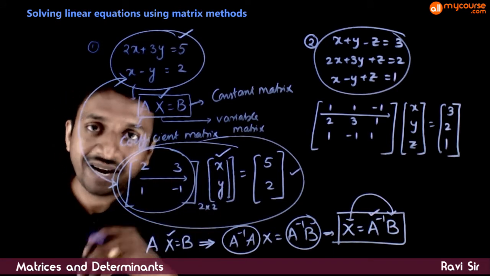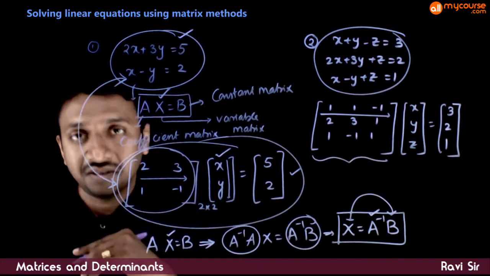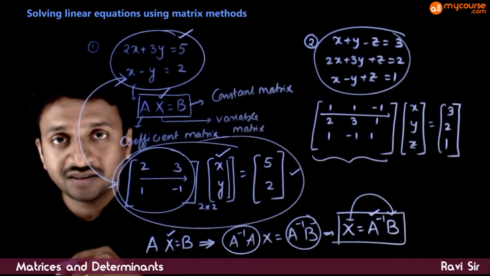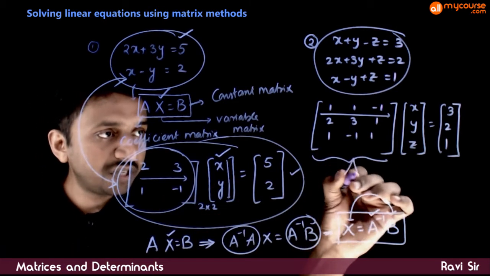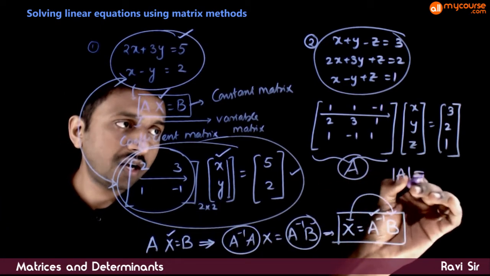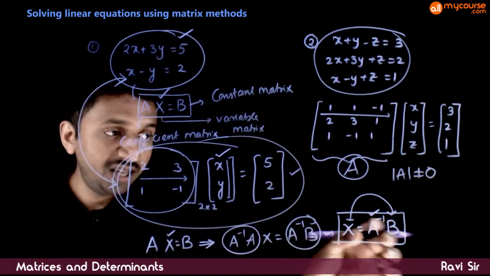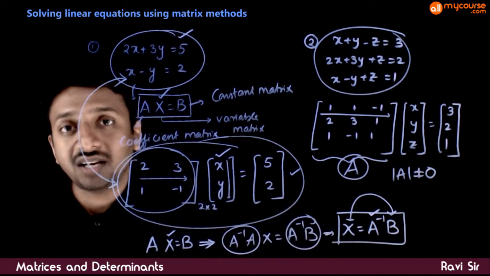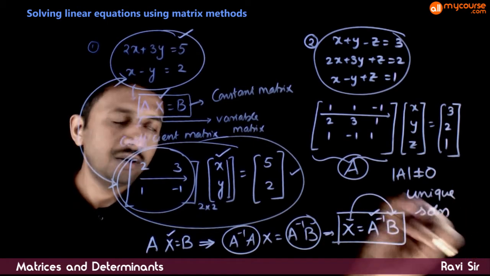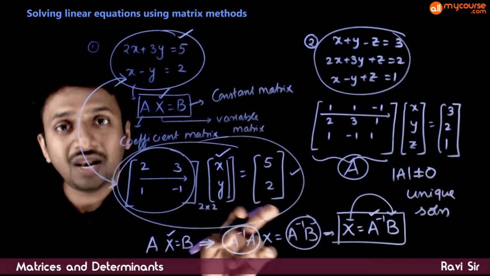We have seen that the inverse exists only for non-singular matrices. So as long as the coefficient matrix is non-singular, that is det A not equal to 0, A inverse into B is a specific matrix and you get a unique solution. If det A is equal to 0, then you will have a problem.